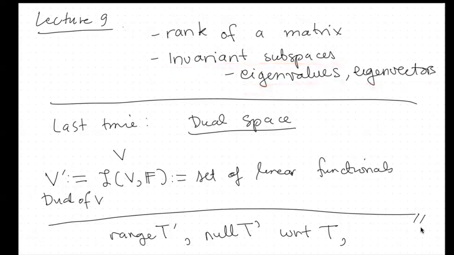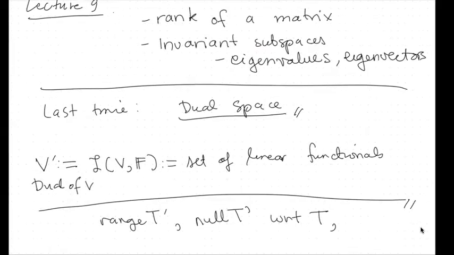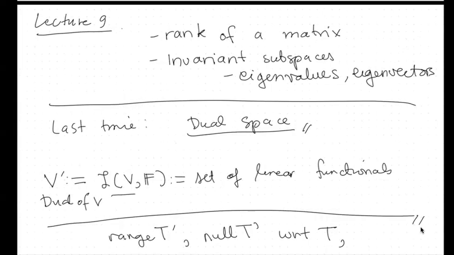Last time we had the dual space. The dual space is defined this way. Some people write it with a different notation; here we will write it with the apostrophe. This is just a set of linear functionals.